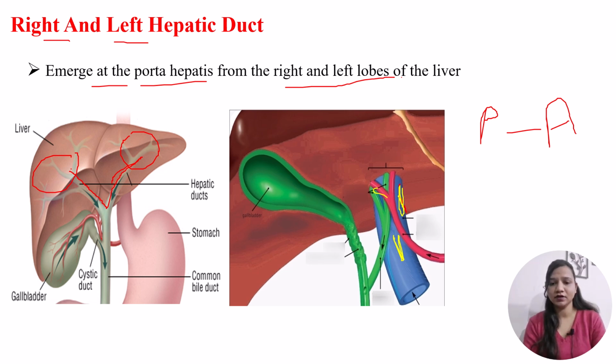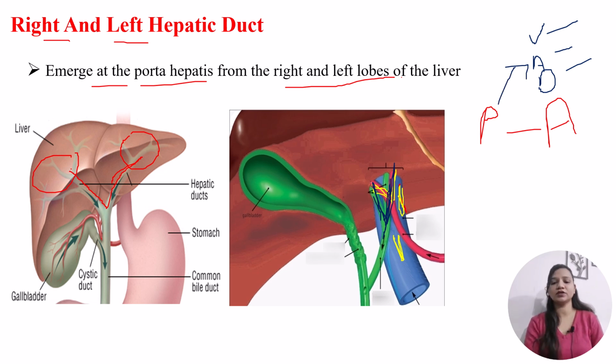Then the hepatic duct, the green structure, is present most anteriorly. So the mnemonic for this is VAD: V, A and D, meaning portal vein, hepatic artery and hepatic duct. These are the structures present from posterior to anterior.